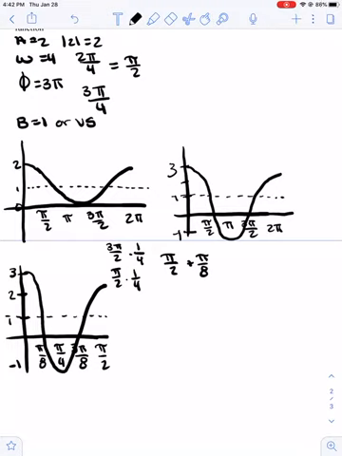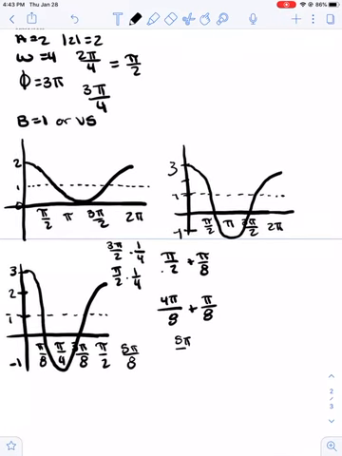We need a common denominator. So I'm going to multiply the first one by 4 on the top and bottom. So 4 pi over 8 plus pi over 8 is 5 pi over 8.